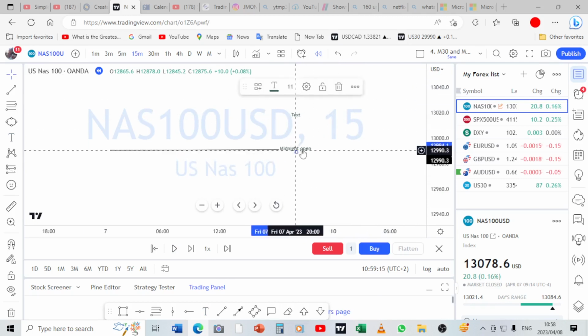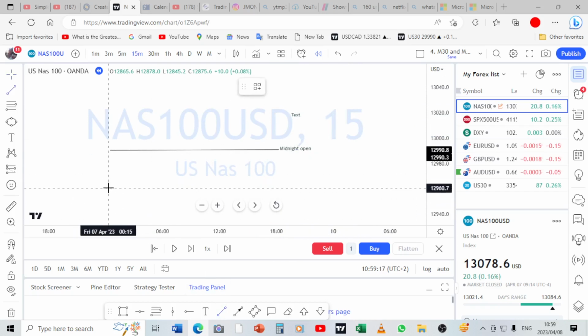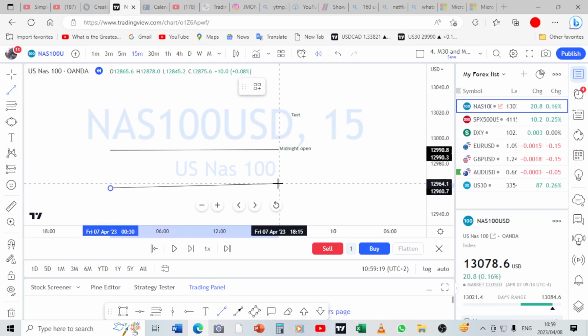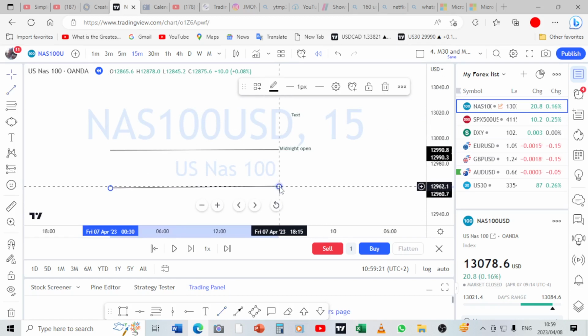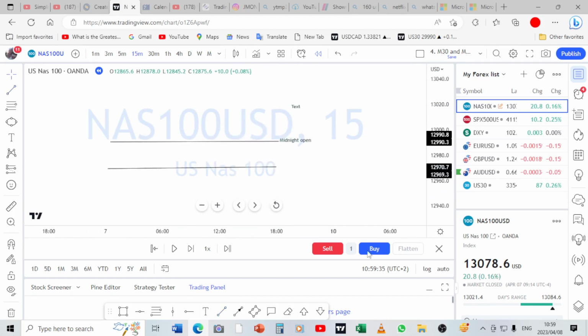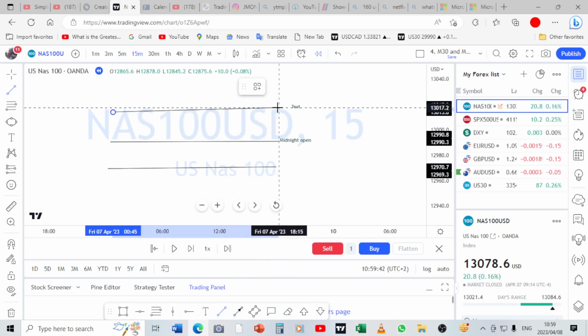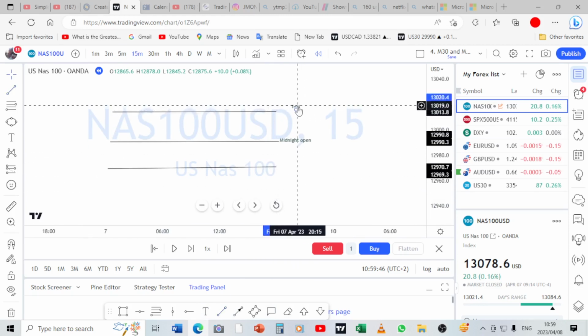You mark your midnight open, then you want to come and mark your London low. Let's just use buy, how it will be on your buy. You mark your London low, and this one, you'll have your London high here.